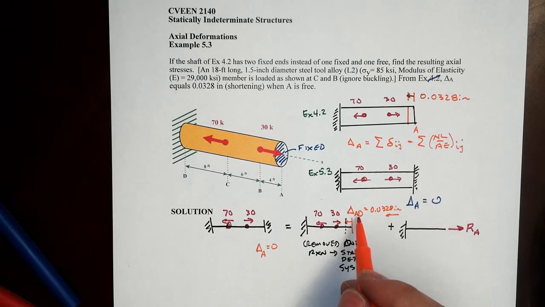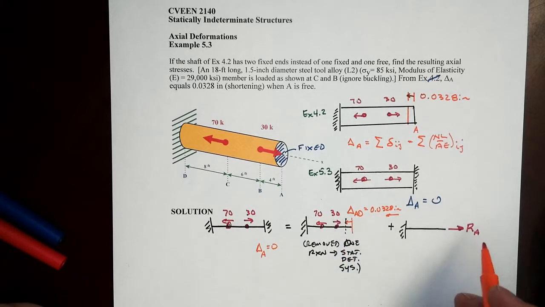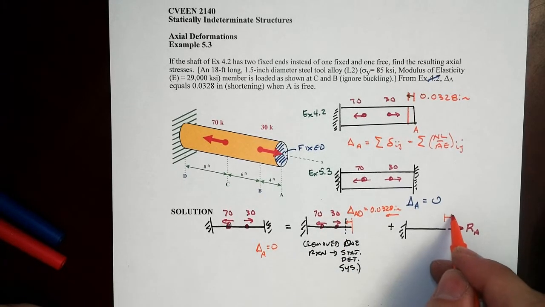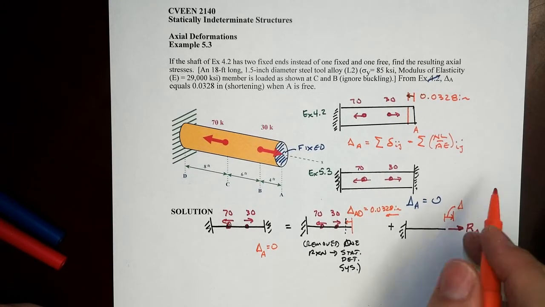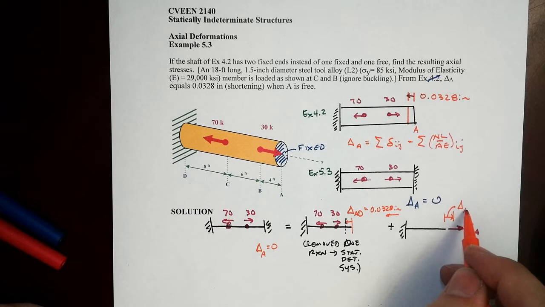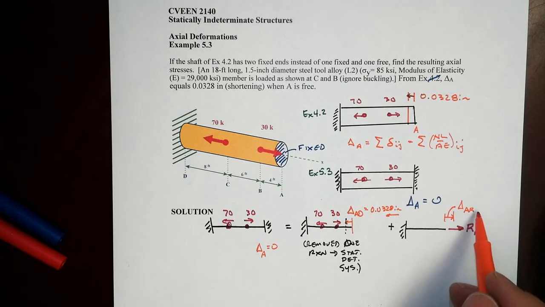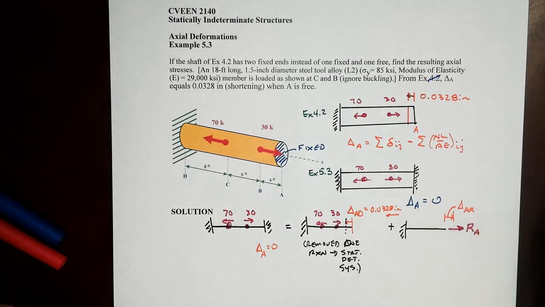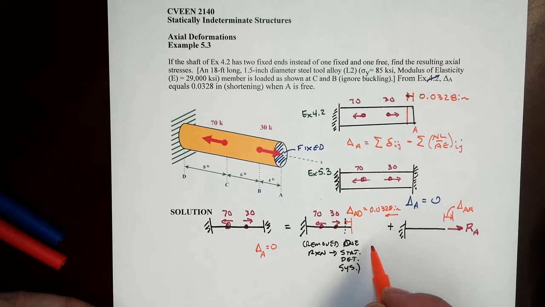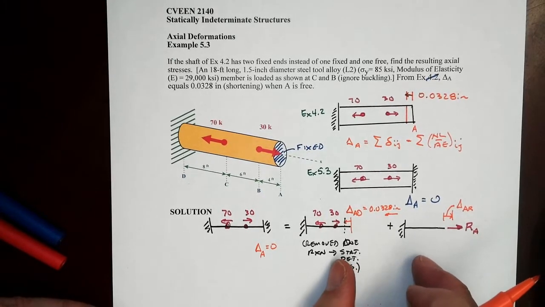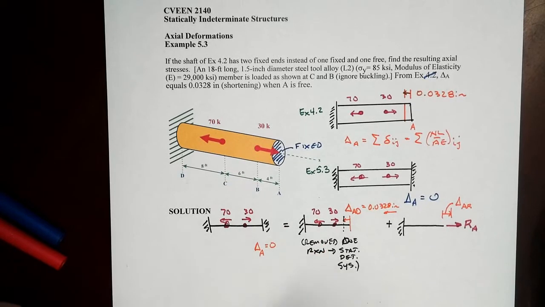We have in the relaxed system with the real loads this shortening, and we're going to have to pull this out, this delta A, and this is a little bit awkward in terms of the symbol. Well, I'm going to call it delta AR for displacement at A caused by now this unknown reaction value R, and the superposition of these two has to be equal to what we originally have.